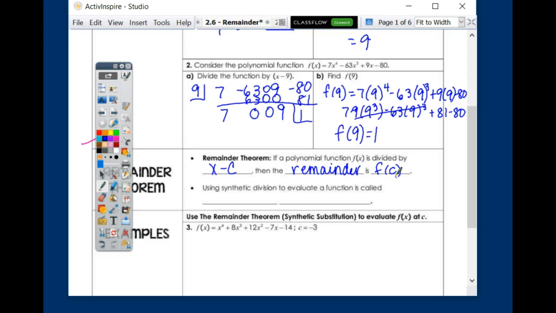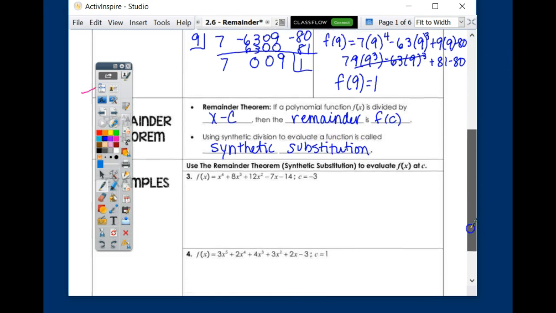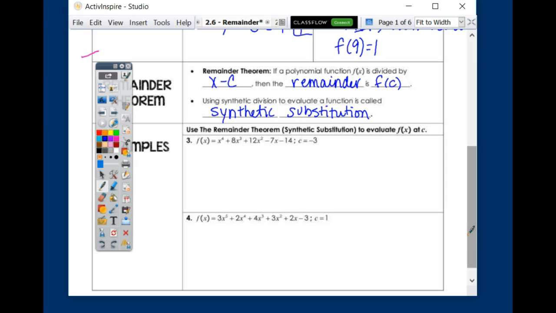Using synthetic division to evaluate a function is called synthetic substitution. So if I want to know the function value of -3, I want to know the y value. Instead of plugging this in and doing all the multiplication, you can do the synthetic division, and it's faster.